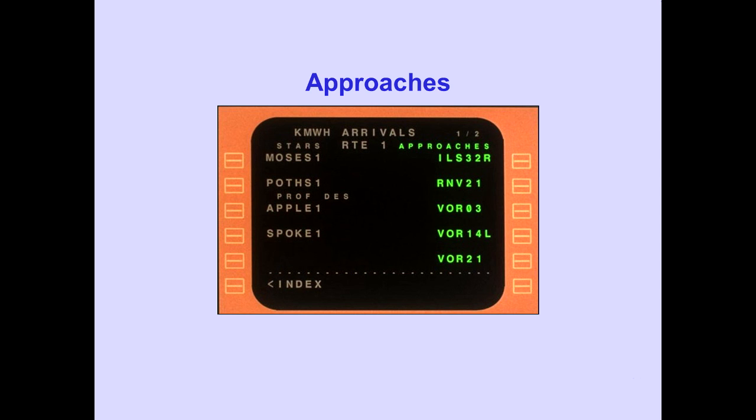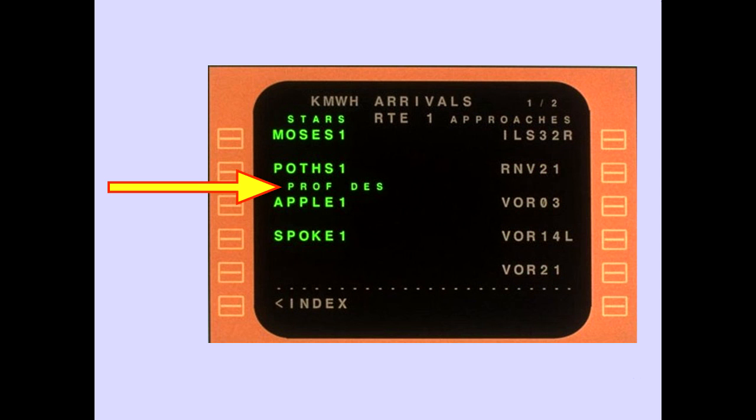When the depart page is selected, approaches are illuminated on the right side of the CDU. The arrivals page lists stars and profile descents on the left side.